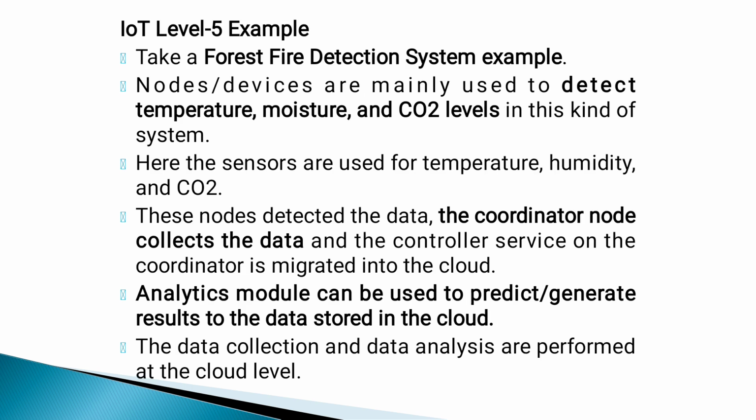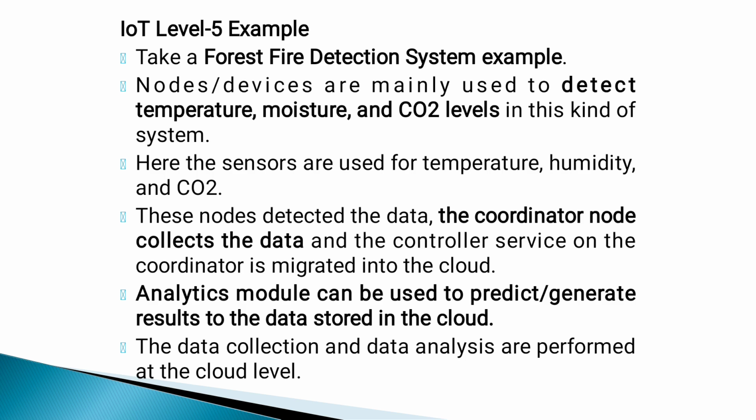IoT level 5 example. Take a forest fire detection system as the example. Node devices are mainly used to detect the temperature, moisture and CO2 levels in this kind of system. Here the sensors are used for temperature, humidity and CO2. These nodes detect the data and the coordinator node collects the data, and the controller service on the coordinator is migrated into the cloud.